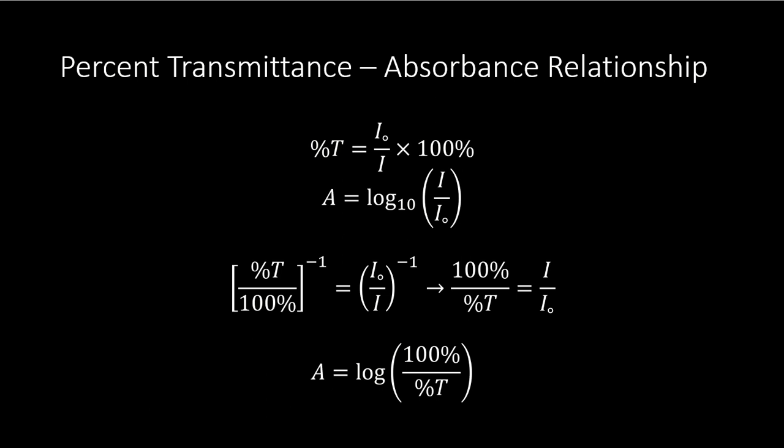Therefore, plugging that in, we can quickly relate absorbance and percent transmittance as absorbance equaling log base 10 of 100% divided by percent transmittance. Your instruments will be able to switch between one or the other.